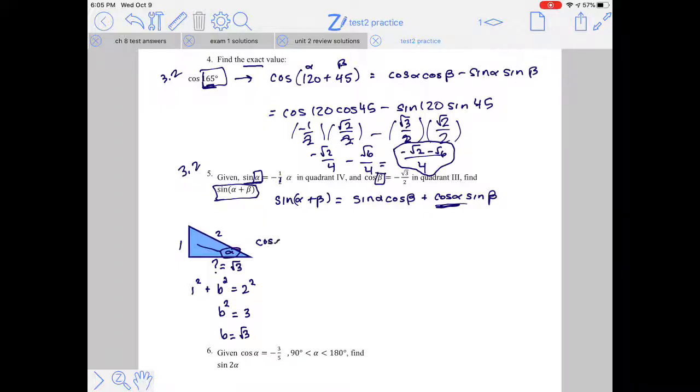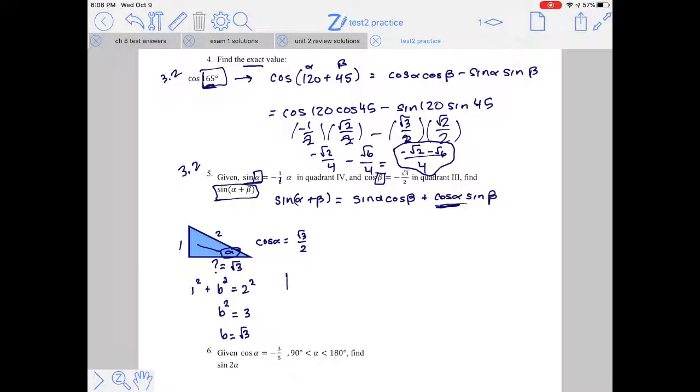Then cosine alpha is equal to square root of 3 over 2, but now we need to consider where alpha is. It's telling us that alpha is in quadrant 4. If you remember your quadrants, all students take calculus. In quadrant 4, cosine is positive, so I'm going to keep it positive. Cosine alpha is root 3 over 2.